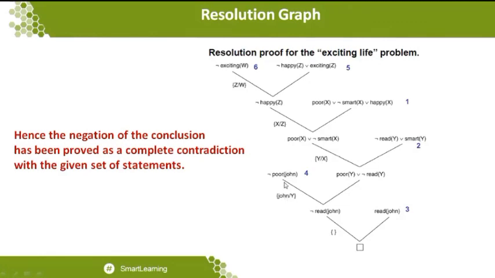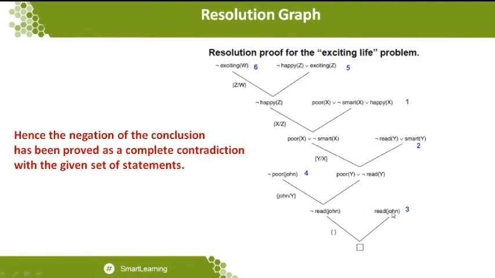That is why the conjunction elimination is made there. So not of power of John, followed by power of y or not of read of x, that is read of y. So y should be replaced by John. At that moment, not of power of John and power of John will be eliminated, and finally we are left with read of John.